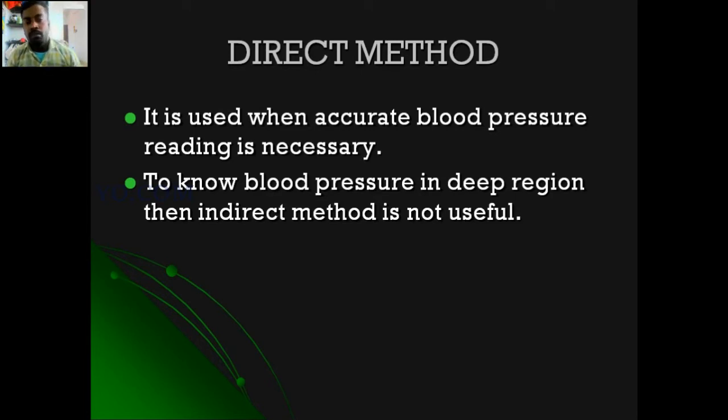For example, if a patient has some organ not working, for example one side is completely not working, the right hand and right leg, the doctor must check the blood pressure in the right hand, the right leg and every area. In this case, blood pressure measurement using the previous method is not possible.